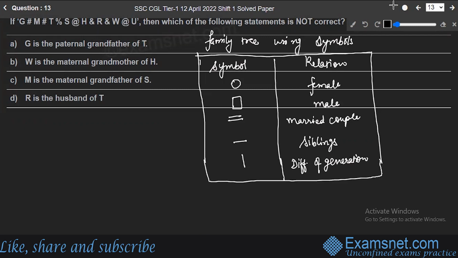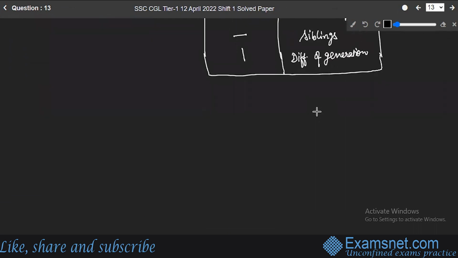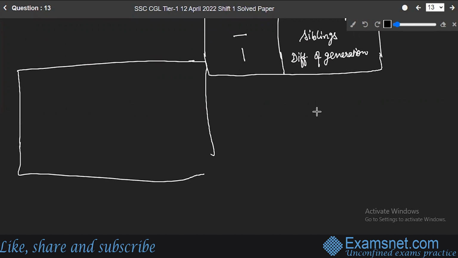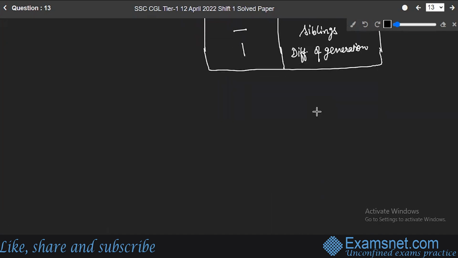Now you are given this information. This set of information is also given. Let's make a table for this one also. So now, according to the given information, I'll be making a table. This is the second table.